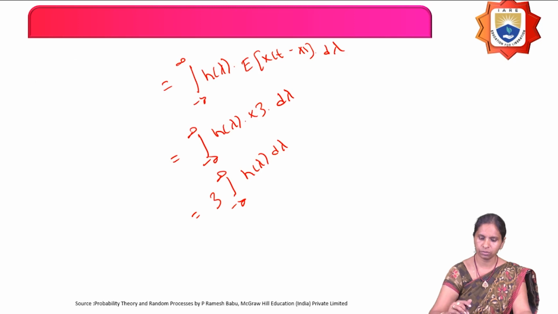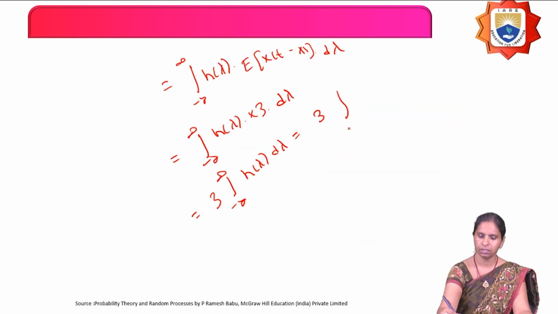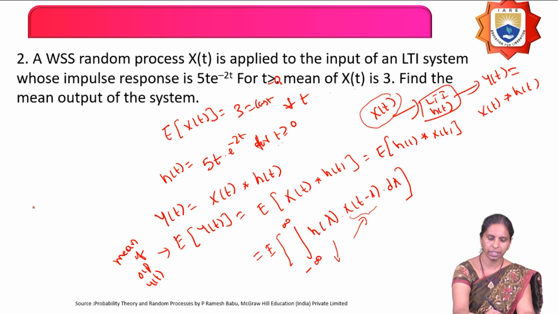So that equals 3 into, what is h(lambda)? From 0 to infinity, it is 5t e^(-2t) for t greater than or equal to 0. Here in place of t, I have the variable lambda.